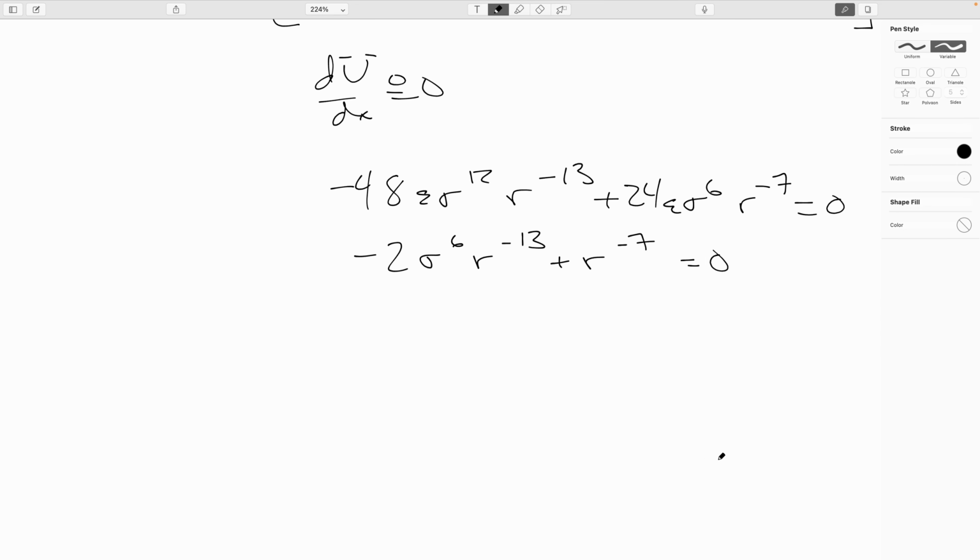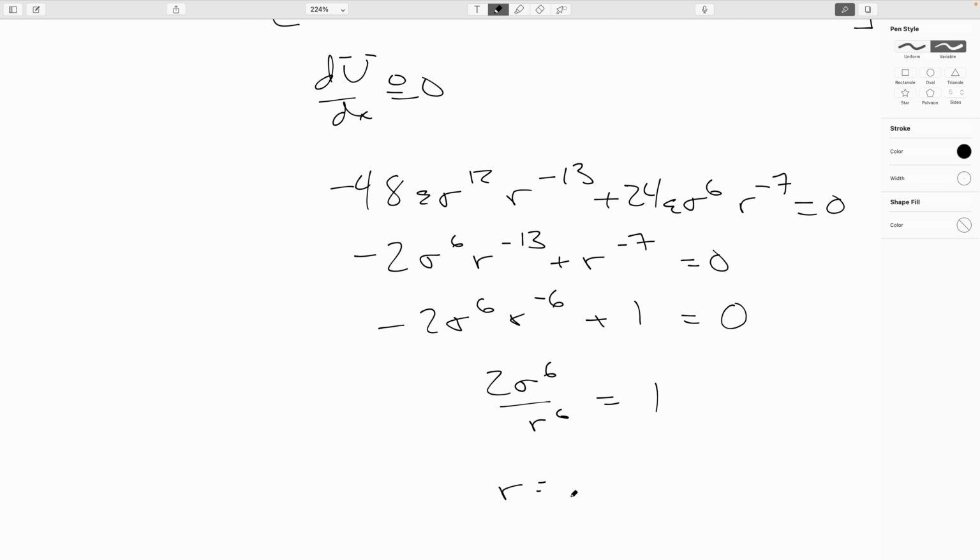r equals 0 is not going to be a solution, so we can multiply both sides through by r to the 7. That gives me negative 2 sigma to the 6 r to the negative 6 plus 1 equals 0. Then we'll rewrite it like this: 2 sigma to the 6 over r to the 6 equals 1.